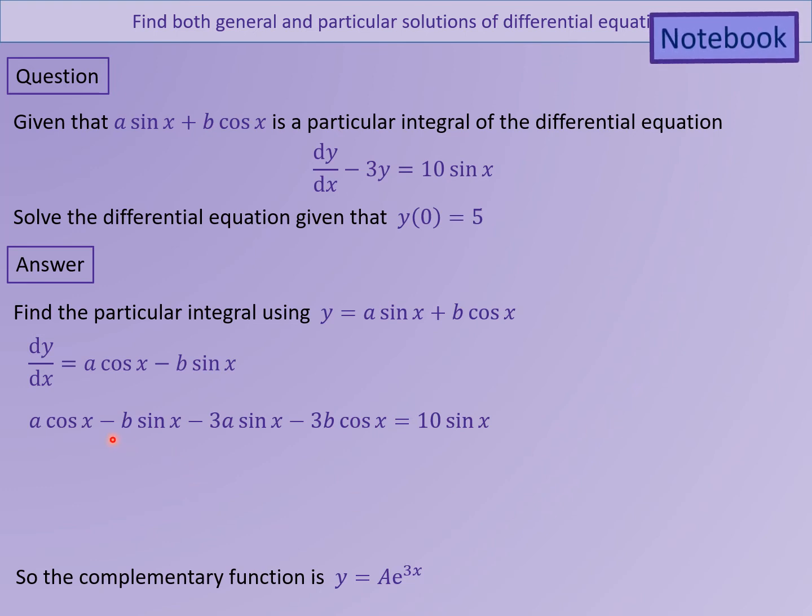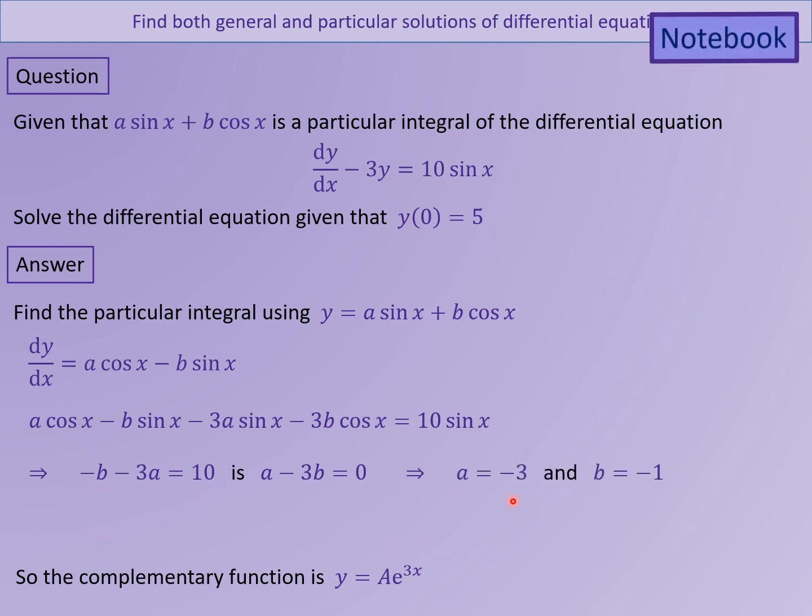Whereas the sines, minus b minus 3a sine x must be equal to 10 sine x. So in other words, minus b minus 3a has got to equal 10. So that bit's going to equal 10, and that bit's going to equal 0. Some nice straightforward simultaneous equations. I trust you should be able to work those out yourselves.